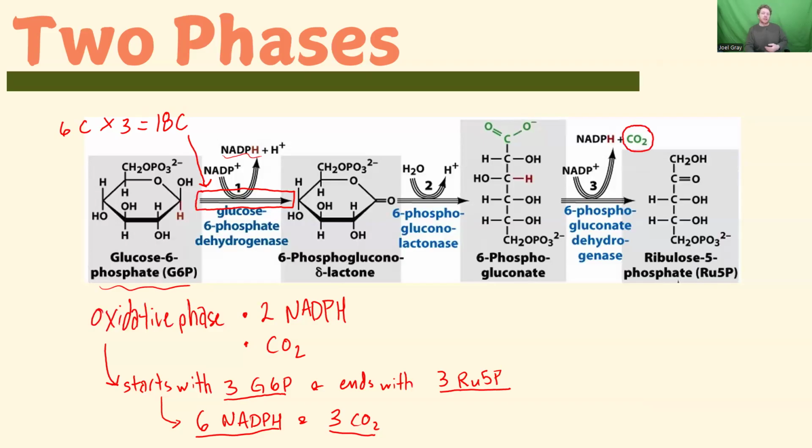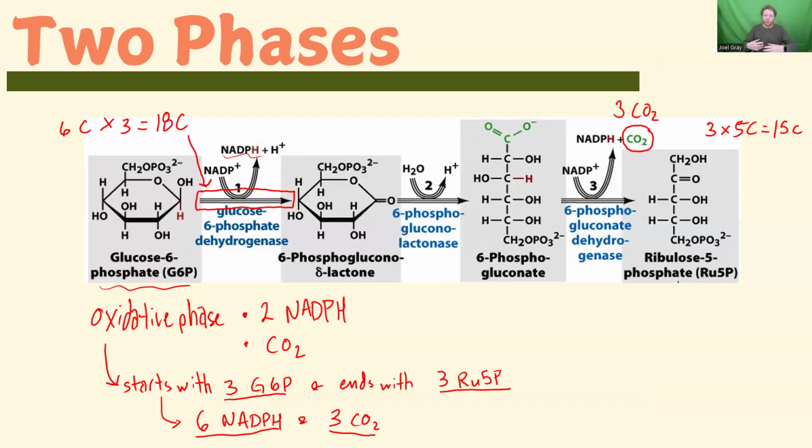But remember, this is taking place 3 times over, so I'm going to make 3 CO2. I'm going to be left with 3 ribulose 5 phosphates, and ribulose 5 phosphate is a 5 carbon molecule. So 3 times 5 carbons is, not 18, 15 carbons.